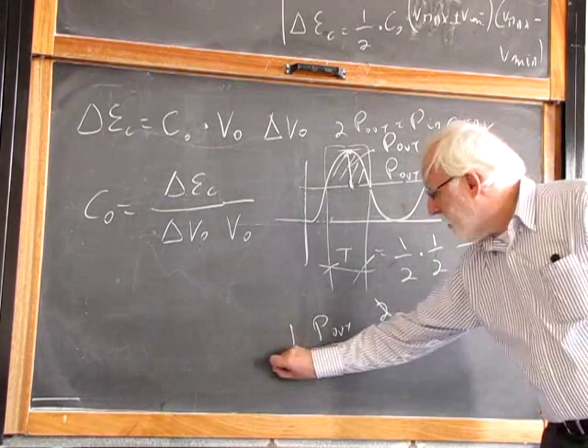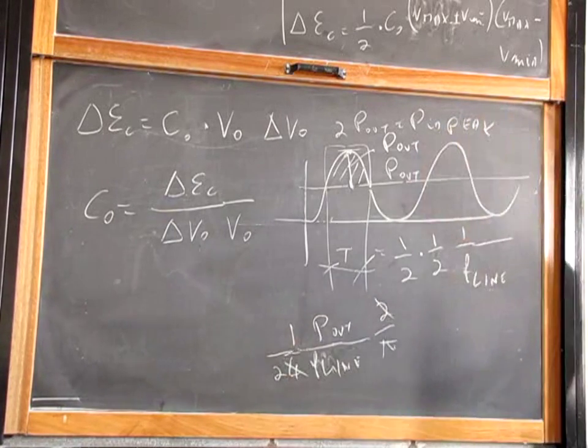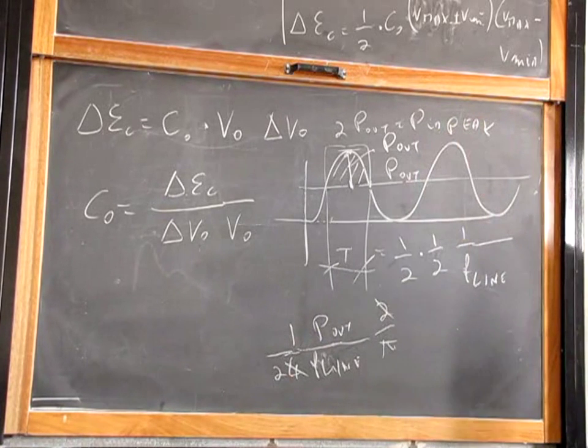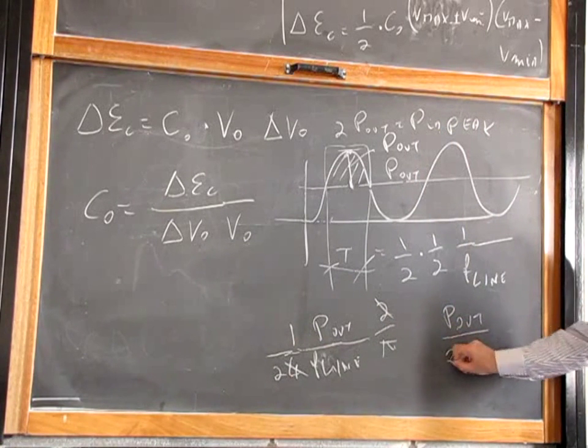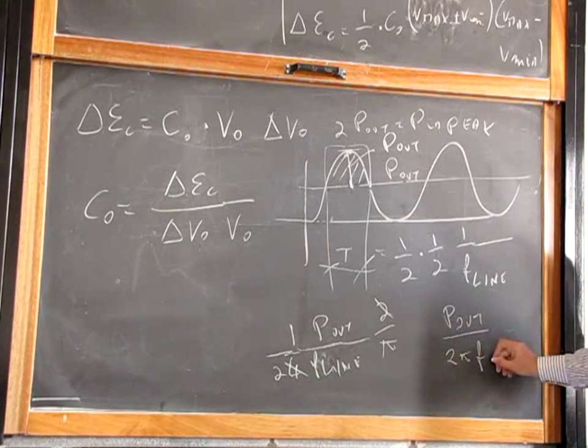Okay, this 2 and this 4 simplify, and you get P out over 2 pi the line frequency.